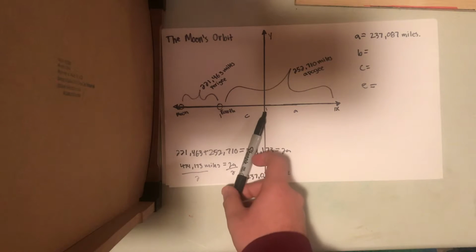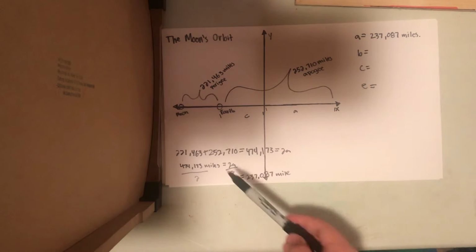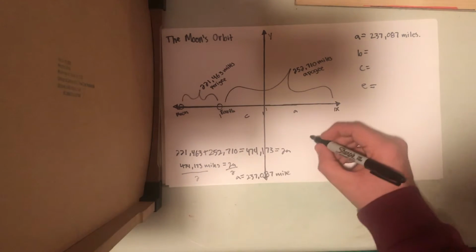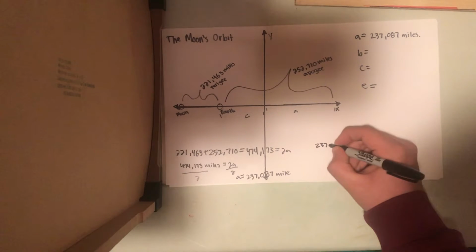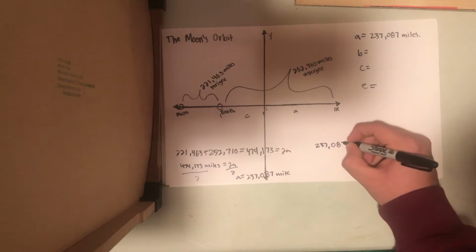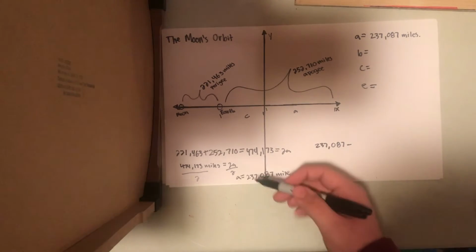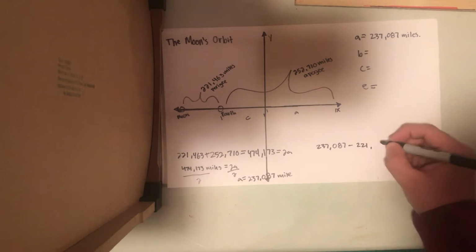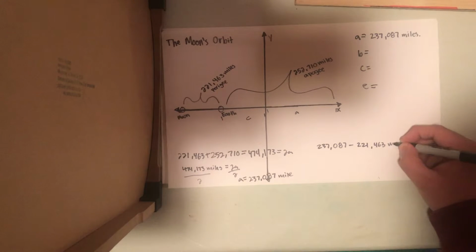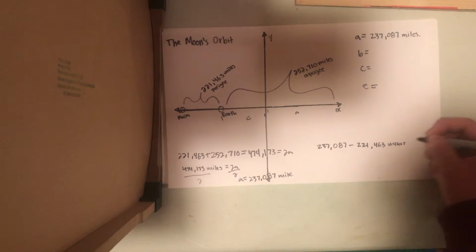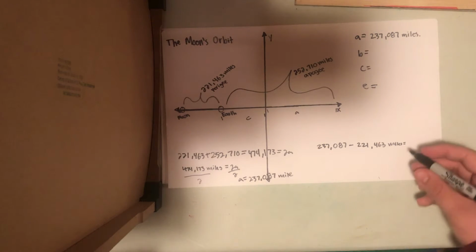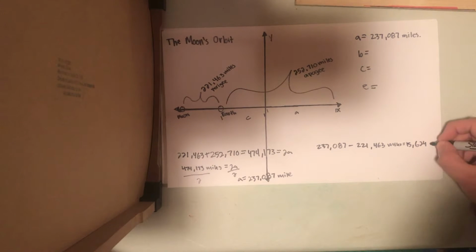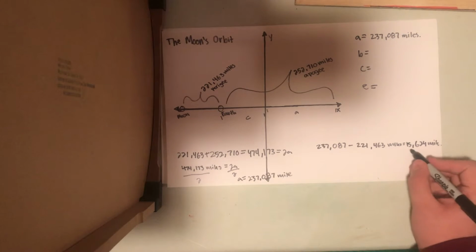You know the distance across equals A. So to find C, you could subtract the perigee, the information given to you, from A. So 237,087 minus, which is the value of A, the perigee, which is 221,463 miles, equals 15,624 miles. And that's the value of C.